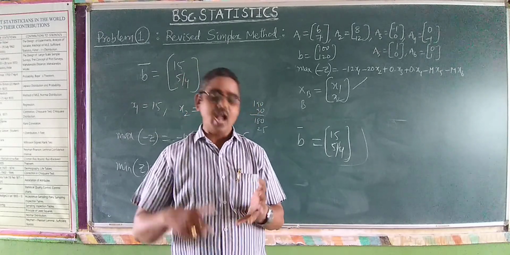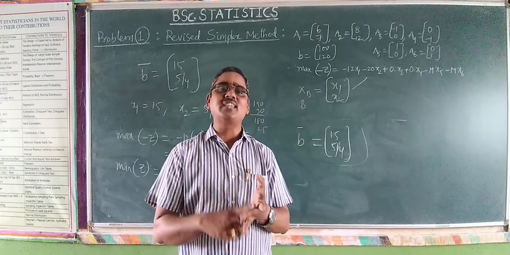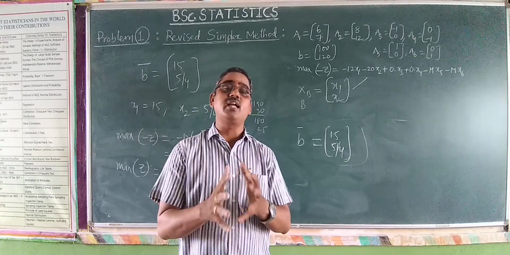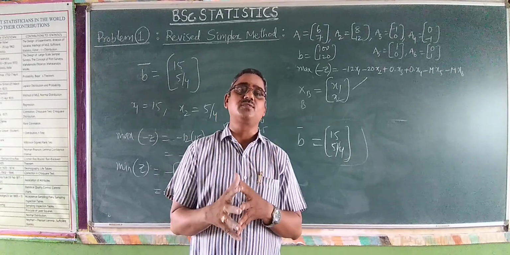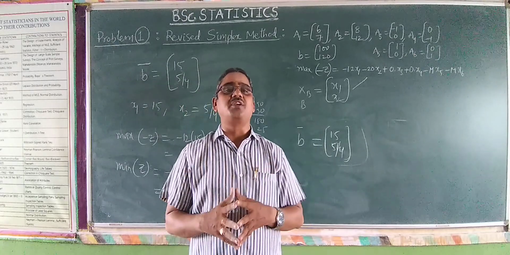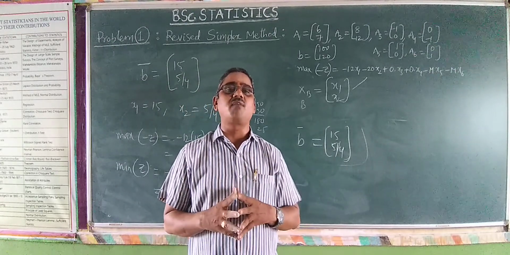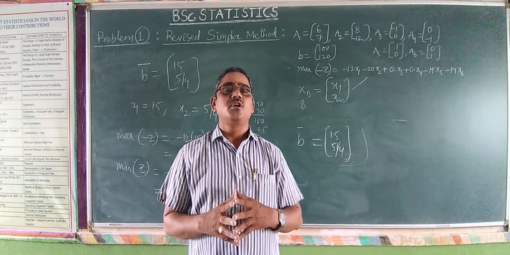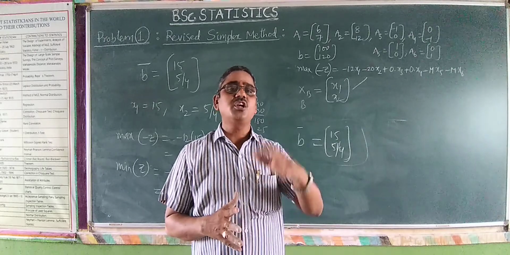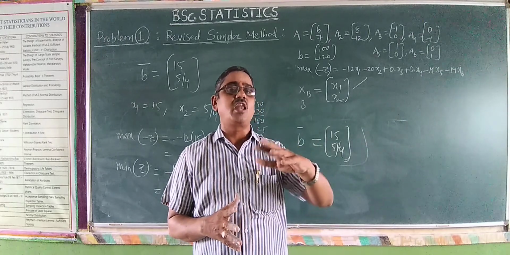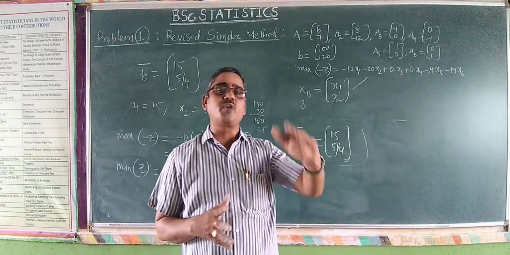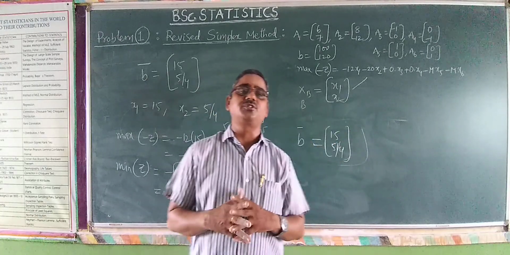Then calculate index j: for the variables which are not in the basis, the non-basic variables, you write the index. Immediately calculate net evaluations, with the formula c bar j is equal to pi aj minus cj, referring only to the index and calculating only for those variables.